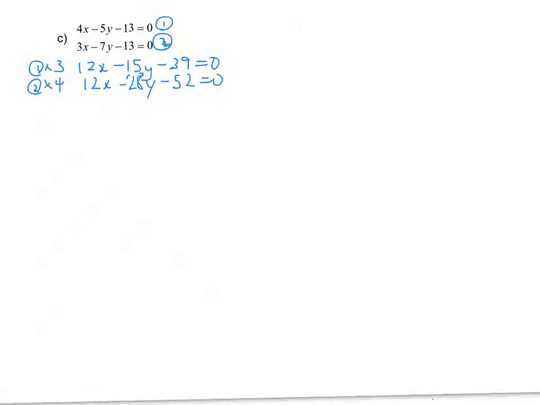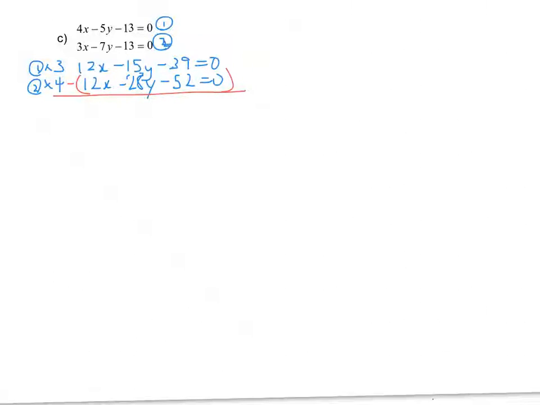All right, since my coefficients are the same, to eliminate them I would have to subtract. I'm going to subtract my values here. Everything's lined up. 12x's take away 12x's, that one is gone. I have negative 15y, and I'm going to take away a negative, so that would be like adding 28.